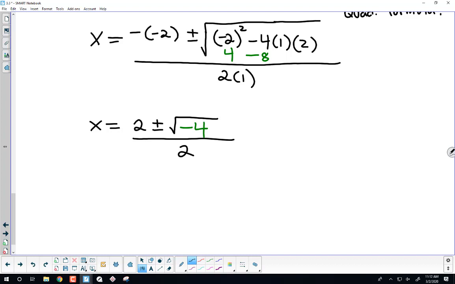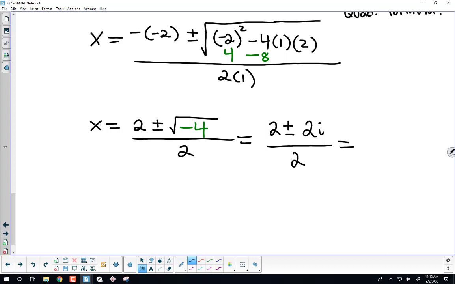Okay, so we're going to simplify. What's the square root of negative 4? 2i. So 2 plus or minus 2i on the top, and it's all over 2. How does that simplify? Plus or minus i.